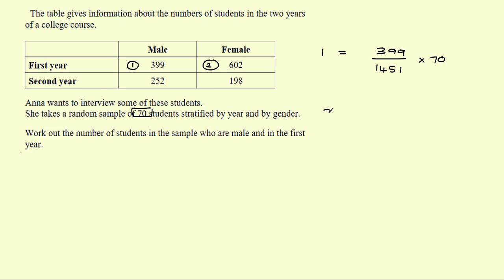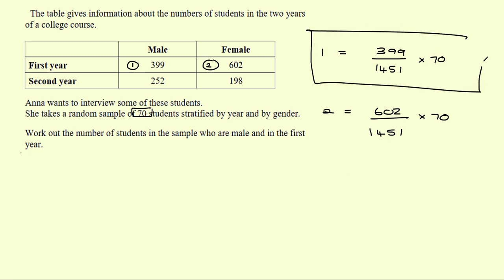So the female first year would be 602 over 1,451 times by 70, etc. But it only wanted male in the first year, so that's the one you'd be working out.